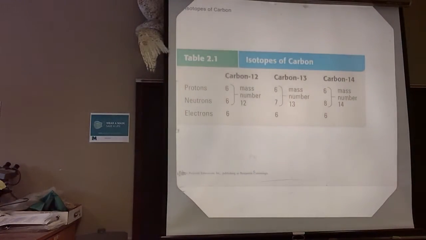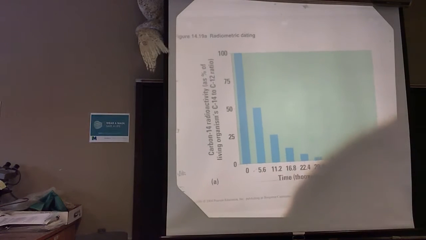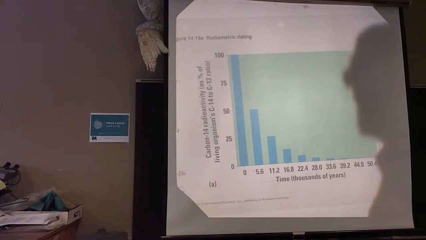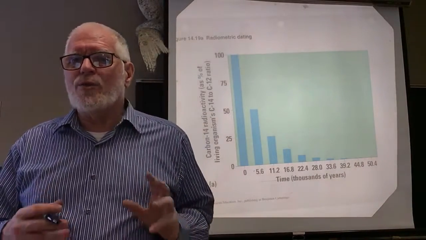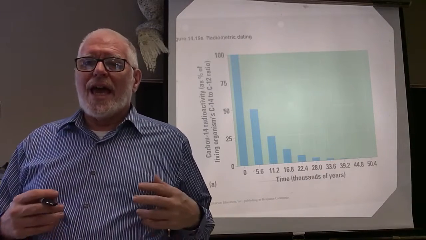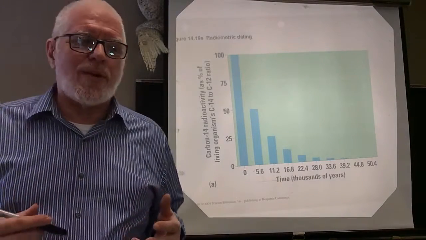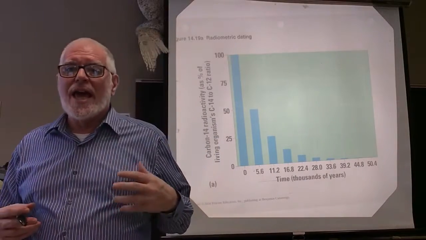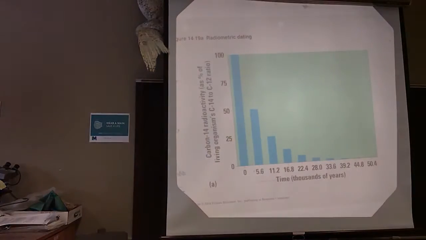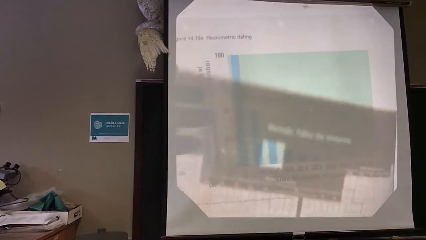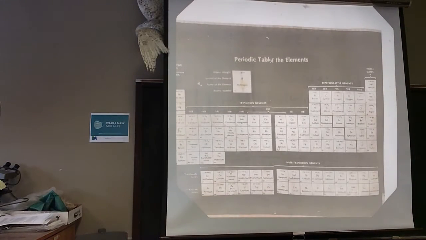Carbon 14, because it's unstable, it decays. It decays through beta radiation. And because it decays through beta radiation, it releases an electron, and it changes the element, because it's no longer carbon.